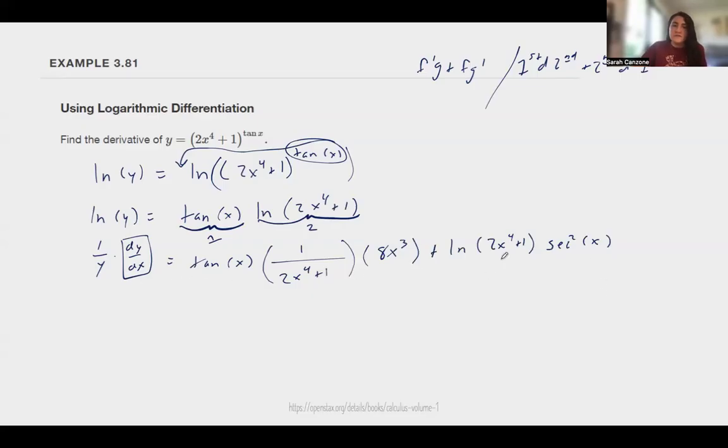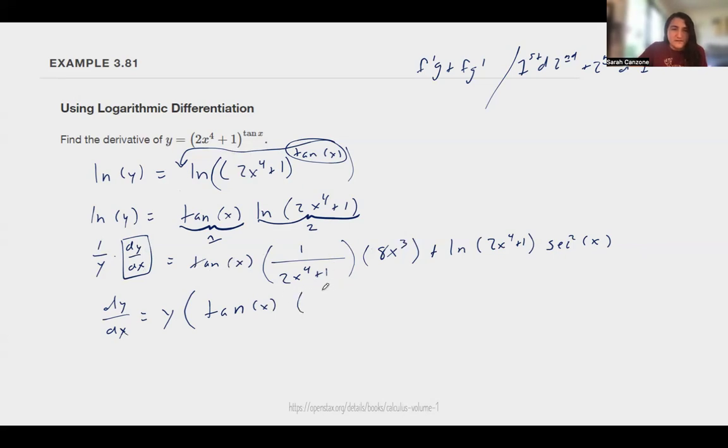All right, so once we take the derivative, all we have to do is multiply by y to get dy/dx by itself, and then we'll substitute y in to get our final answer. So dy/dx equals, this is typically how I do it, y, and then I'll do big parentheses, and I'll just rewrite literally everything. Tangent of x, I will bring this 8x cubed into the numerator here just to condense it a little bit.